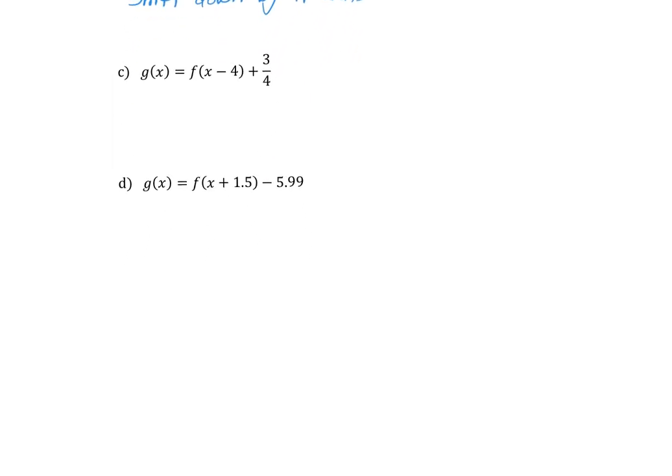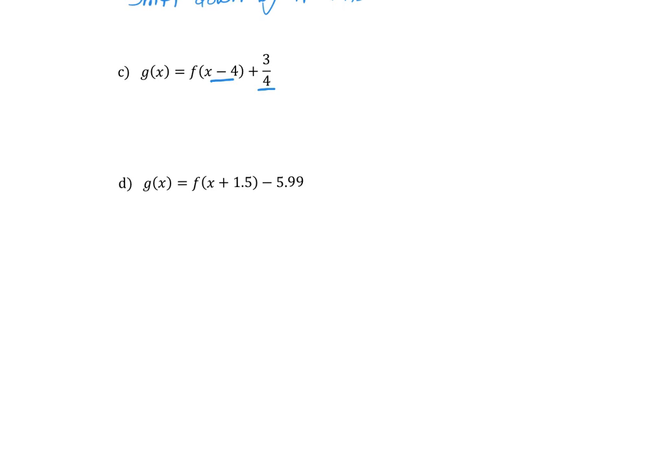And another one. Part C is actually 2 translations because notice that we are subtracting 4 from the x. So minusing on the x would be right. And then we're adding on the outside of the function the 3/4. So we're adding to the y value and it's a plus, so it would be up.